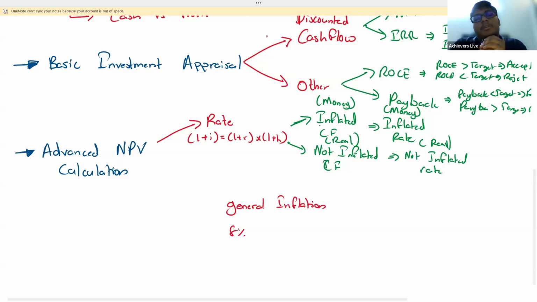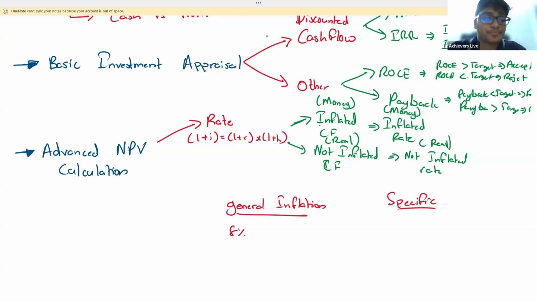But in the majority of NPV questions, you will be getting two different inflation rates. One is the general inflation rate. What is the second inflation rate you will be getting? You will be getting specific inflation rates.